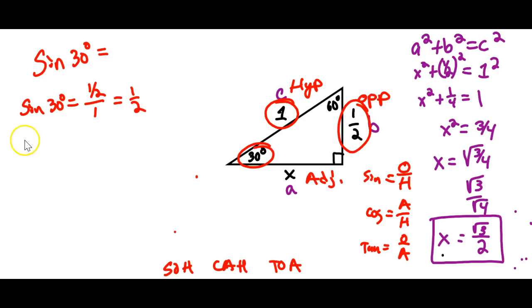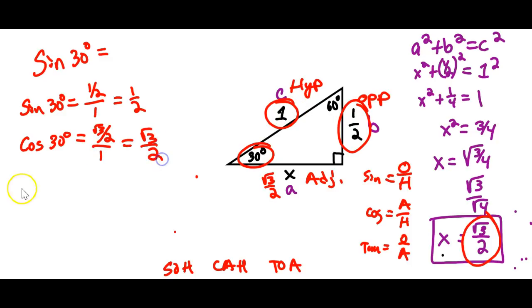You could say, what's the cosine of 30? You say, well, cosine equals adjacent over hypotenuse. The adjacent right here, we found out what the adjacent was. It was square root of 3 over 2.